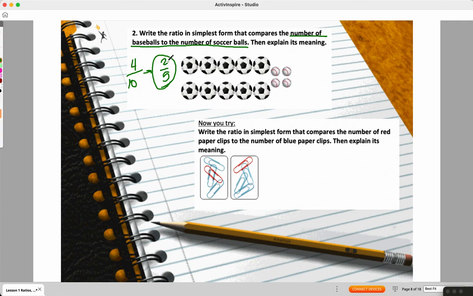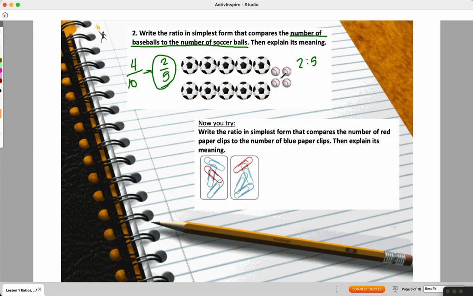If you don't have it in that order, it's considered wrong, because the first number always is the first piece we're given. The second one is the second number. So if you wrote 5 to 2, that answer is wrong. It would be backwards. So just be sure as you read over ratio problems that you take the time to read carefully, so you get the correct relationship you're looking for.